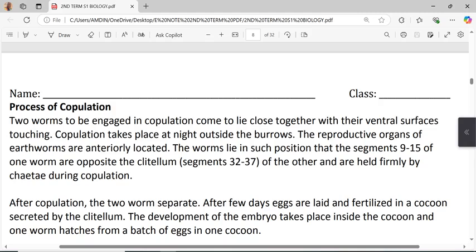The reproductive organs of earthworms are anteriorly located. The worms lie in such a position that segments 9 to 15 of one worm are opposite the clitellum, that is segments 32 to 37 of the other, and are held firmly by chaetae during copulation.